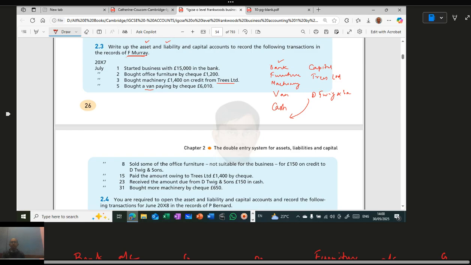First let us make a list of all the assets and all the liability accounts so that the work becomes easier. First, bank account. Started business with 15,000 in the bank. What has happened? Asset has increased. Which asset? Bank balance is an asset, and it has increased. So we have to debit the asset.